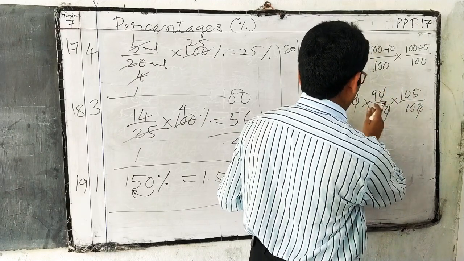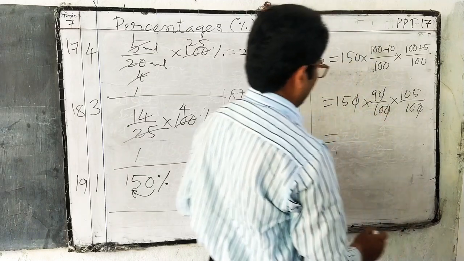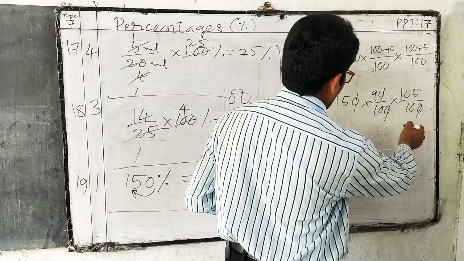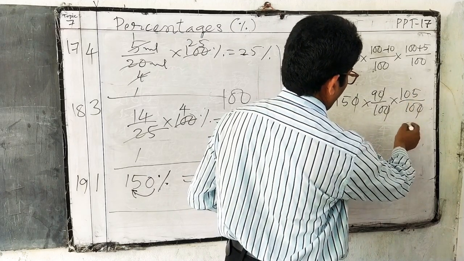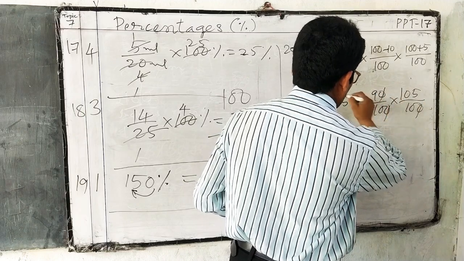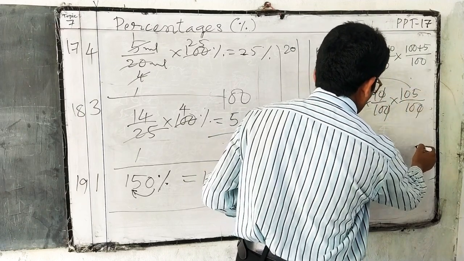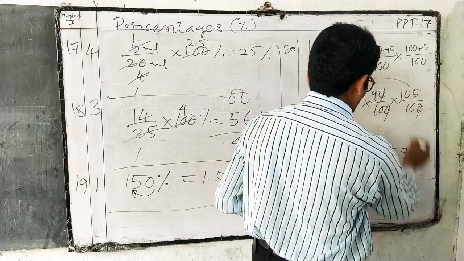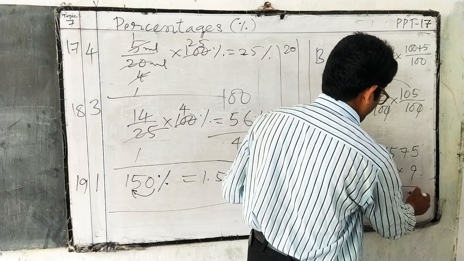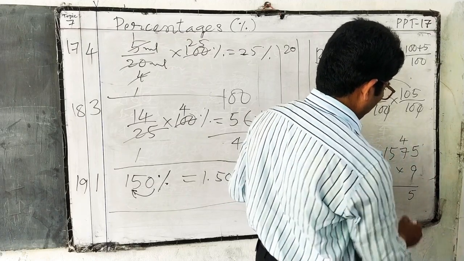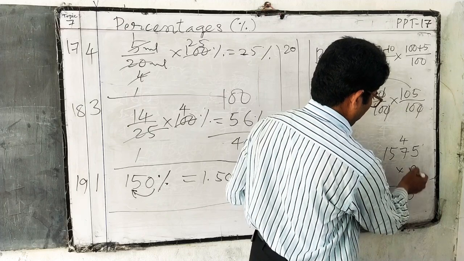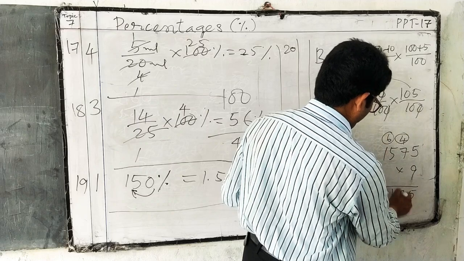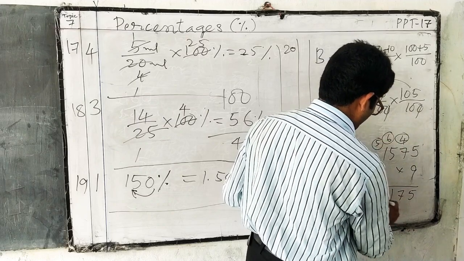First we can multiply this. 15 5s are 75, 15 1s are 15 into 9, 9 5s are 45, 9 7s are 63, 9 5s are 45, 51, 9 1s are 9, 14.